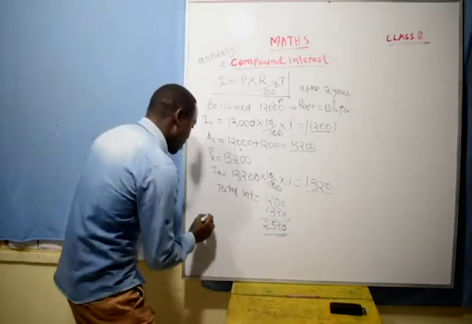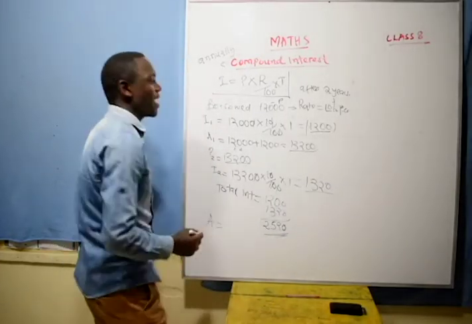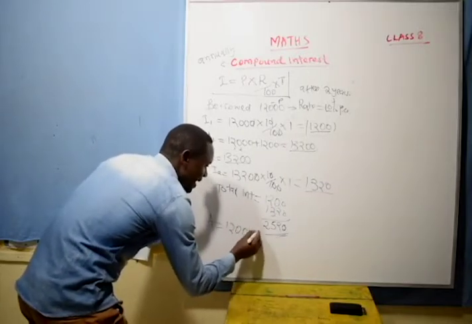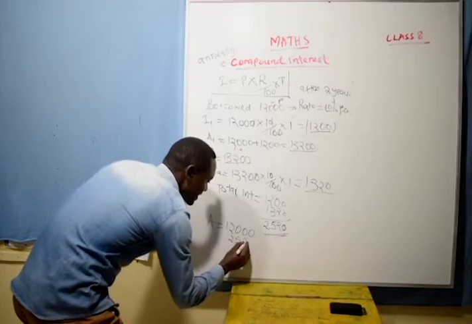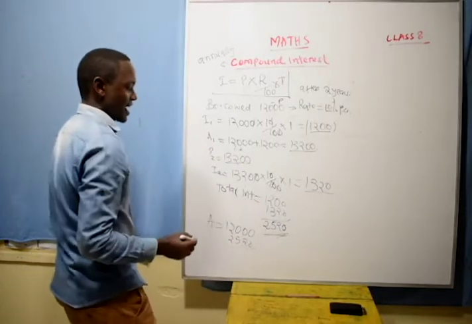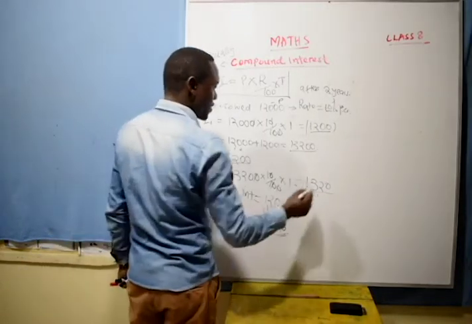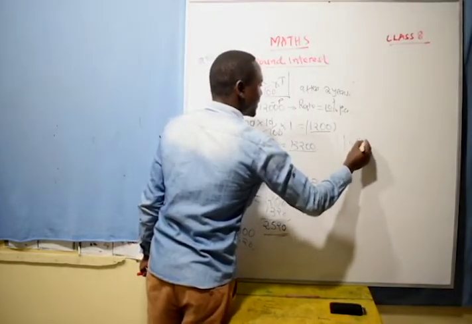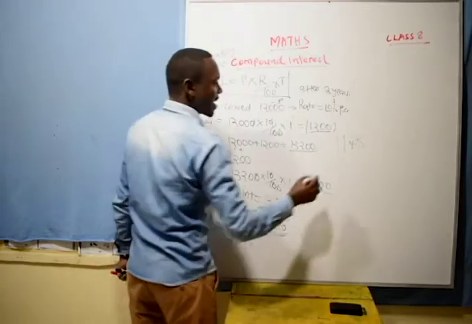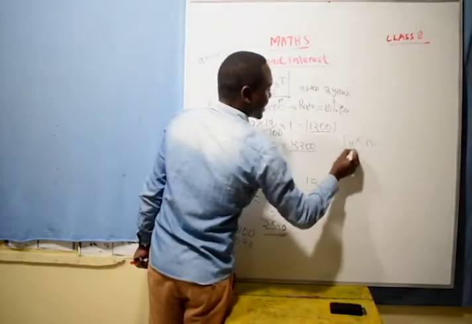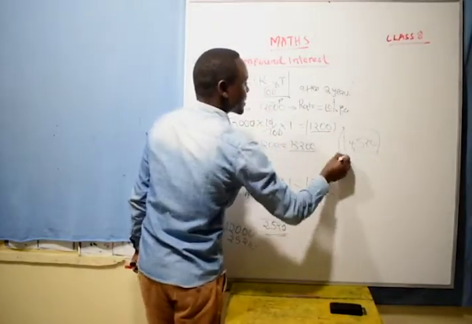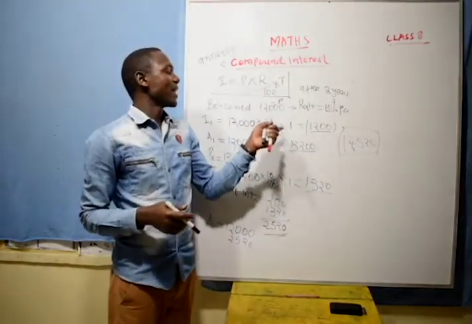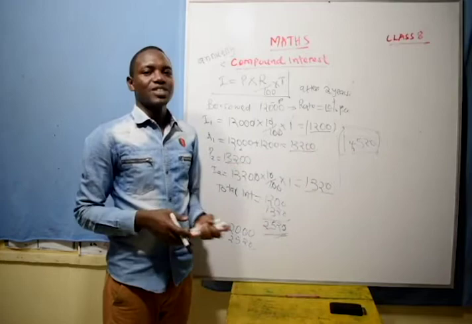So the total amount that you are going to return to the bank will be the amount of money you borrowed, that is 12,000, plus the total interest earned. So you will return a total of 14,520 shillings. That is principal 1, the first principal, plus interest 1 plus interest 2.